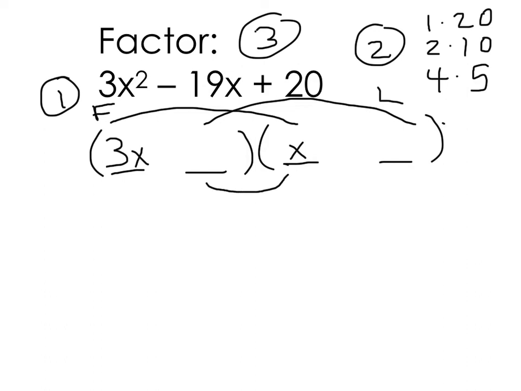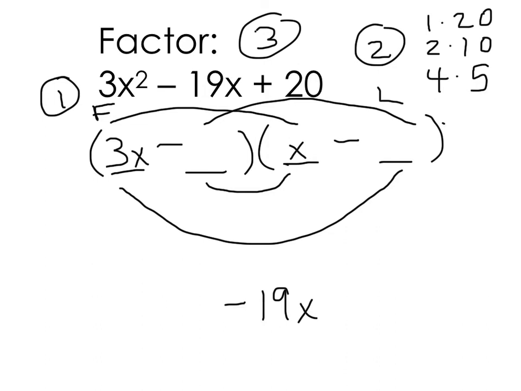Well, the inside and the outside has to add up to negative 19x. The only way that can happen is if they are both negative. That'll give us a positive 20 when we multiply negative times a negative, and our inside and outside will be negative.